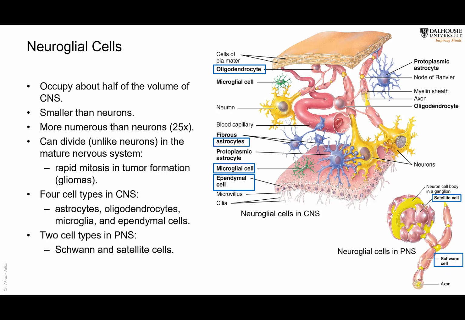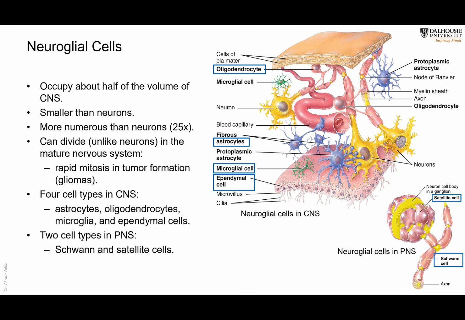A neuron cannot divide. It's not like the epithelium that can divide. It's not like the bone, where the osteoprogenitor cells can divide. Neurons cannot divide. Remember, like for example cardiac muscle fibers, they cannot divide. So these neurons cannot divide when they are mature.